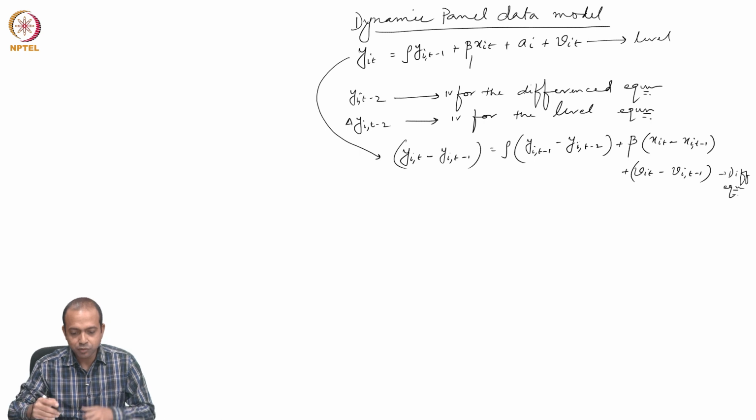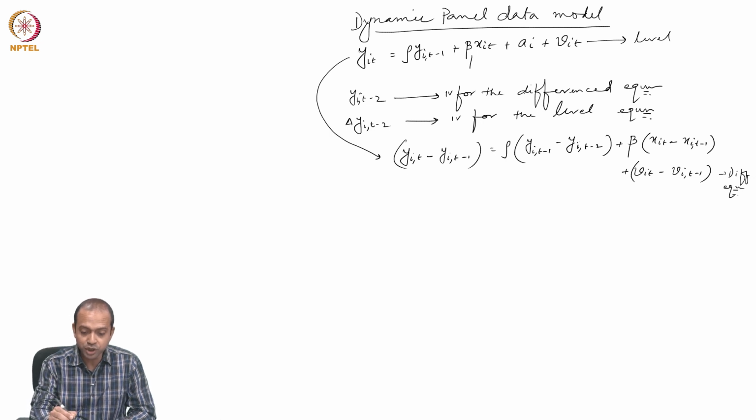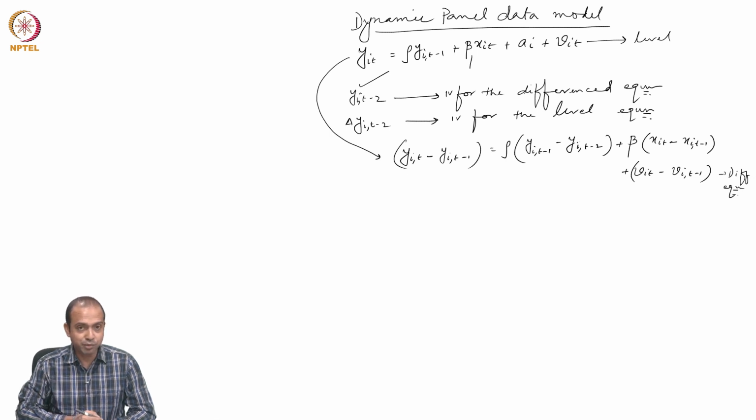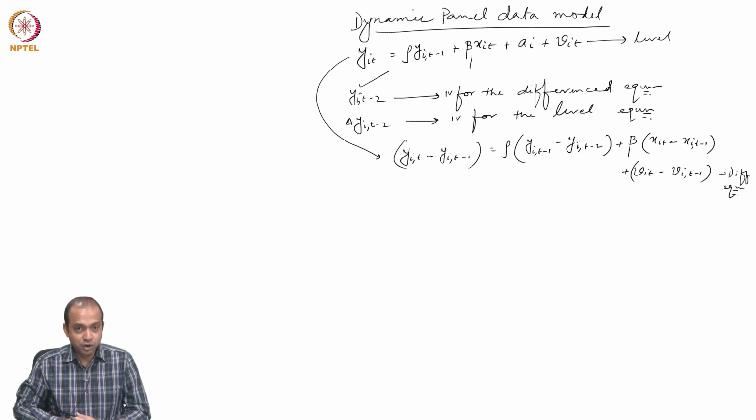So, when we have both level and difference equation considered as a system of equations, we are using yit minus 2 as well as delta yit minus 2 as instruments, this for the difference equation and this for the level equation, so that the quality of our estimates improves drastically. And how do you measure the quality?